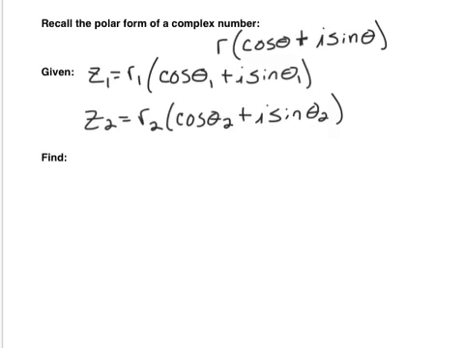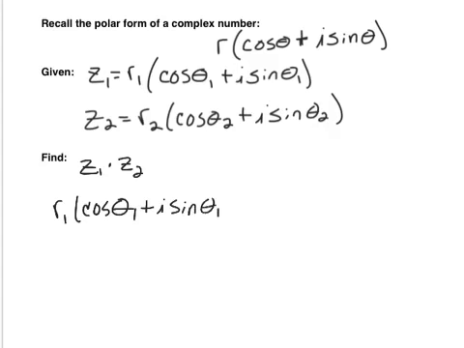And what we want to find is z1 times z2. And that would look like r1 times all of this, and then I multiply that by r2 and the cosine of theta 2 plus i times the sine of theta 2.